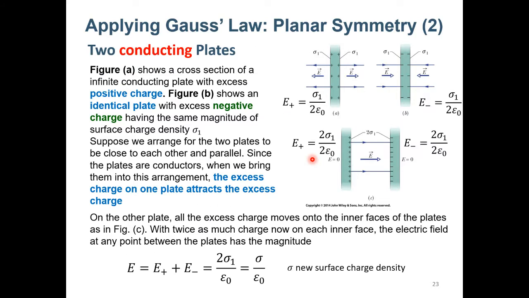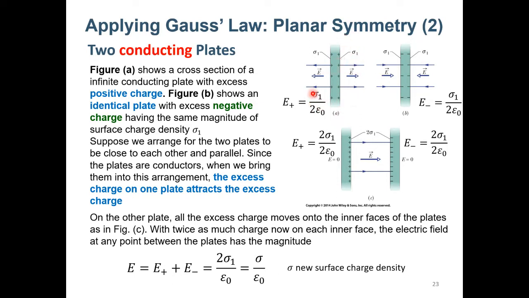So next, suppose we have two conducting plates. For this part, assume that you only see this one and you only see this one. They do not have interaction yet. Suppose you put this infinitely far away, and then you consider this one. So the charge will be distributed on the left side and on the right side.